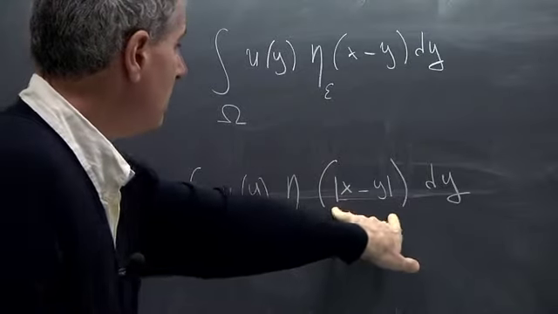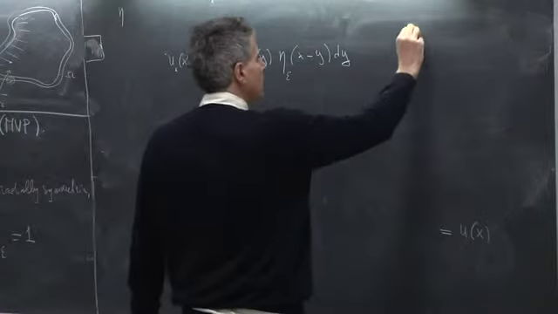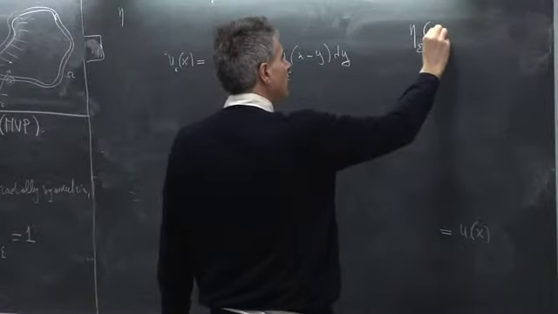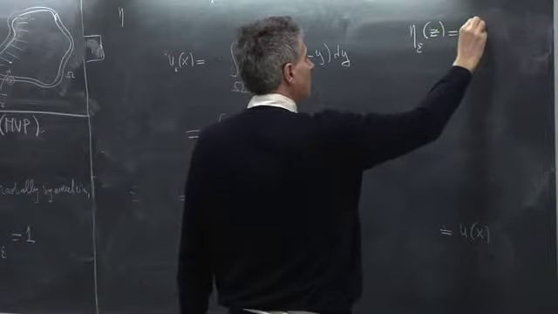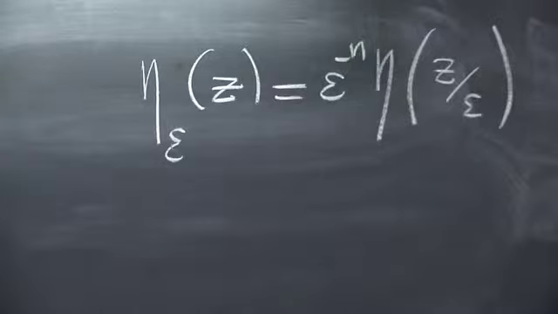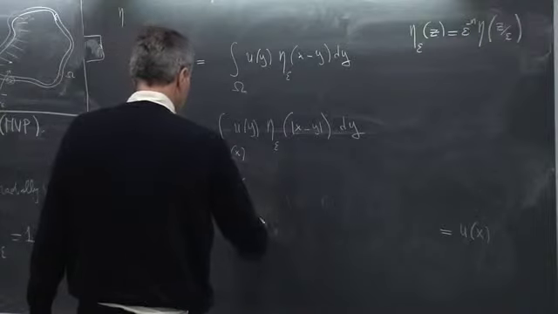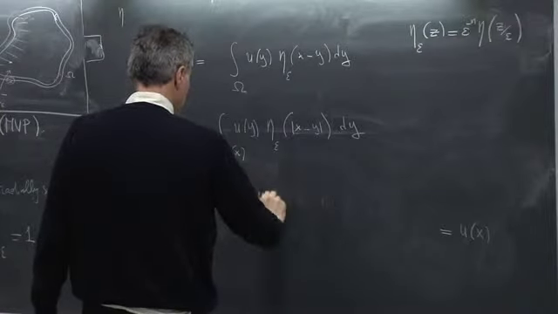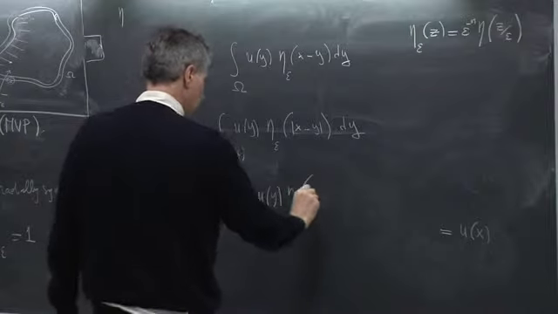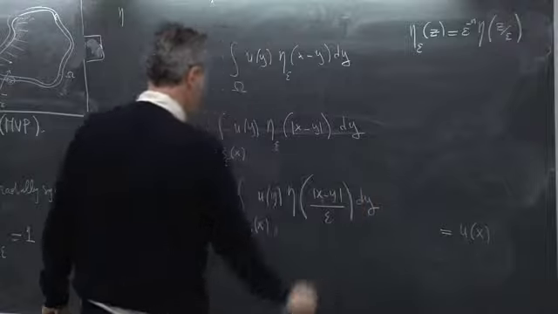Eta epsilon is radial. Now, what is eta epsilon? Remember that eta epsilon of z is epsilon to the minus n times eta of z over epsilon. This is the definition. We can construct it just by homotopy, starting from only one function, and we have this.